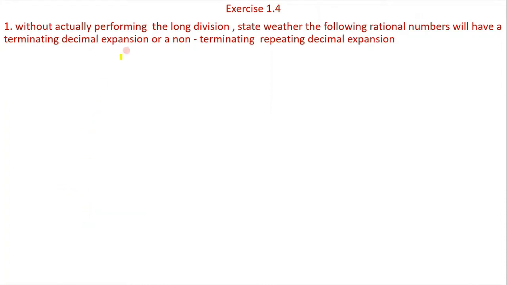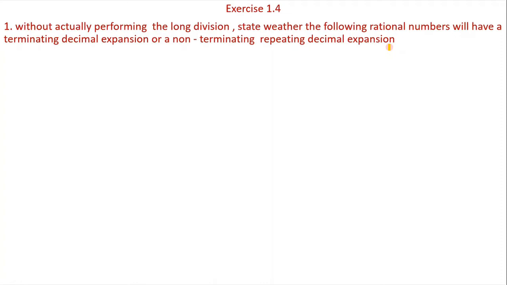See, exercise 1.4. Without actually performing the long division, state whether the following rational numbers will have a terminating decimal expansion or non-terminating repeating decimal expansion. Now, if you want to check this, what we have to do is, first, whatever the rational number is given, we write it in the form of p by q.